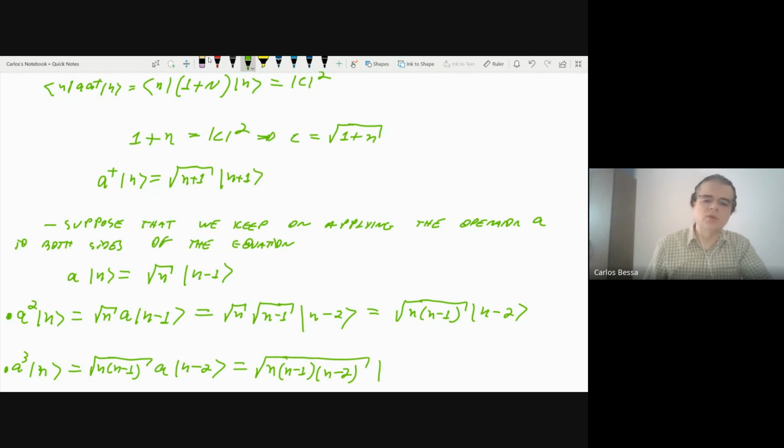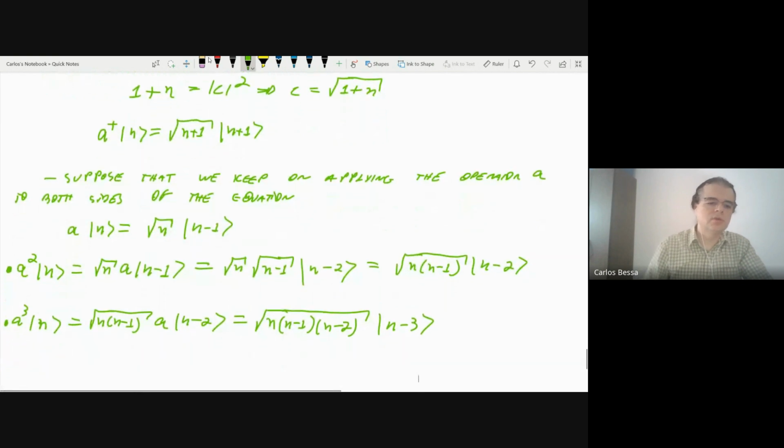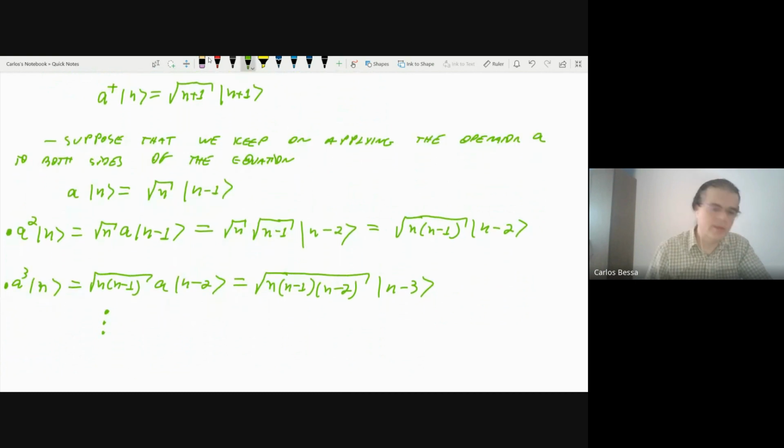And I could keep doing this forever. But in fact, it's not forever, because I need to stop somewhere, because my oscillator has a ground state. It has a minimum value.